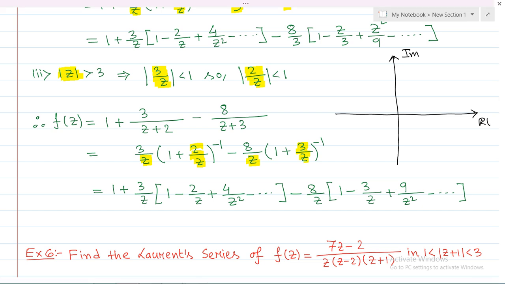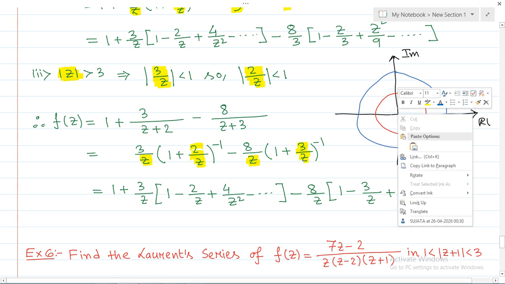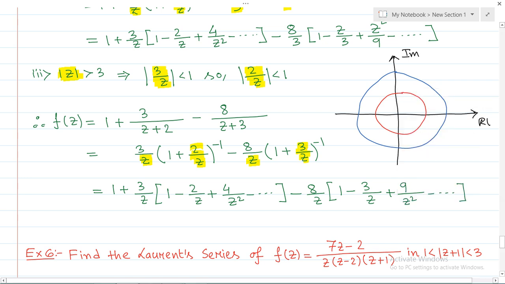So we are having the first circle, like this. Now we are having the second circle, which is the concentric circle. We are assuming the center is at 0. Not necessary that in every problem the center is 0. For the previous question also, in the last part you have seen that the center has been shifted.